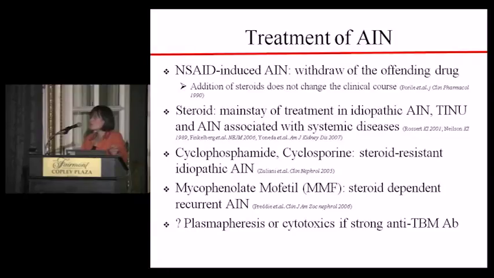MMF has also been used, but usually in steroid-dependent recurrent AIN. Plasmapheresis or cytotoxic agents are controversial, not commonly used. If used, it's usually in a patient with a strong anti-tubular basement membrane antibody.